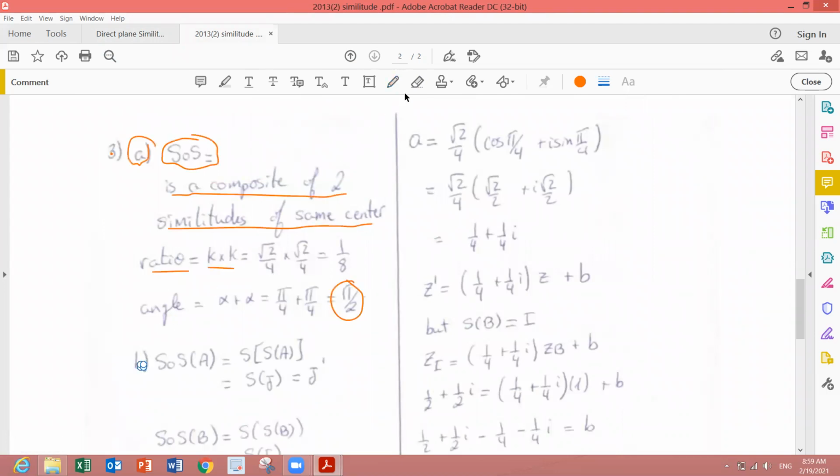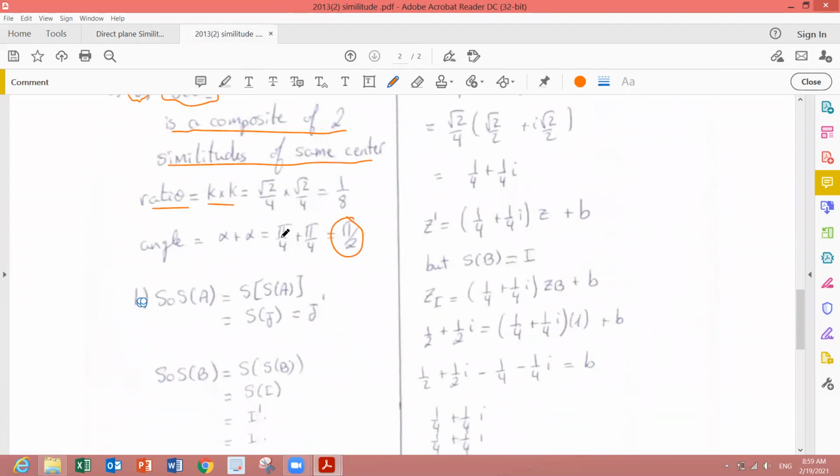Part B. S round S of A equals S of S of A. S of A is given J. S of J equals J prime.